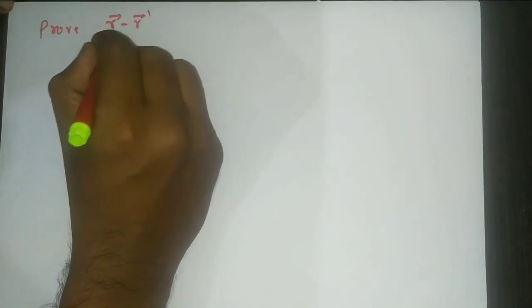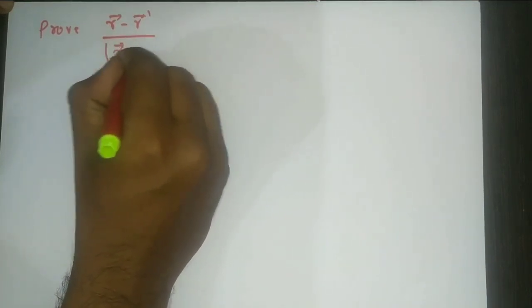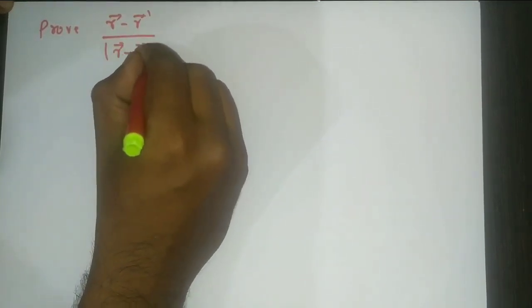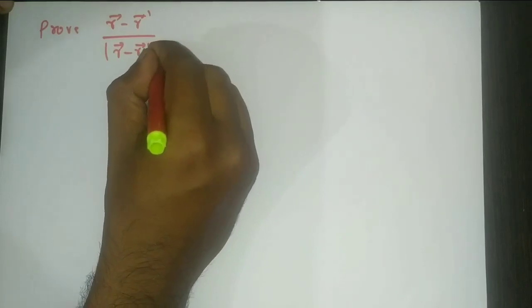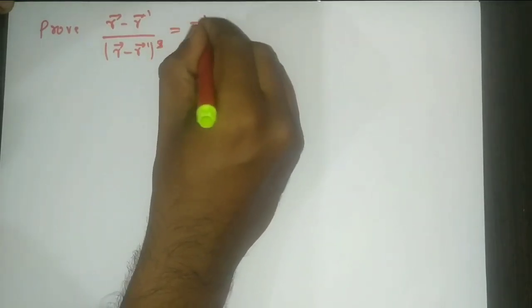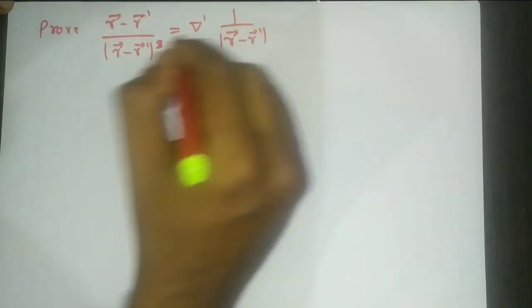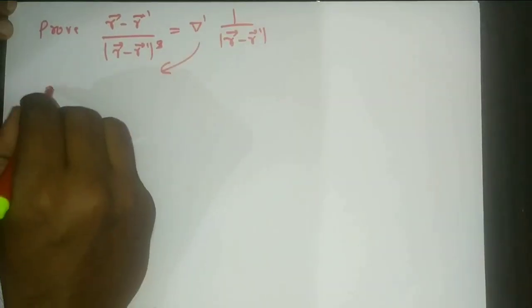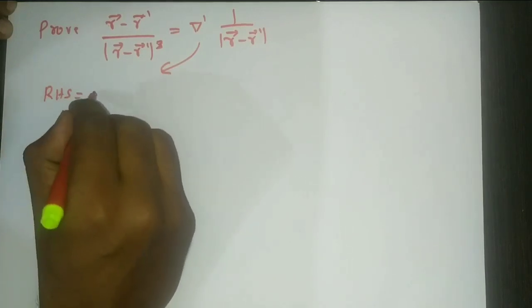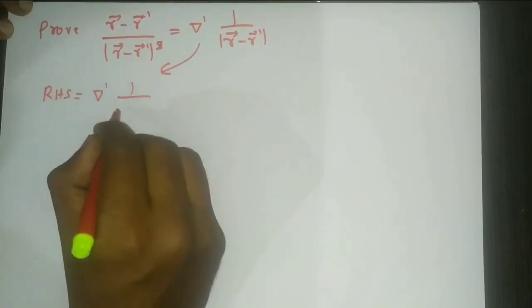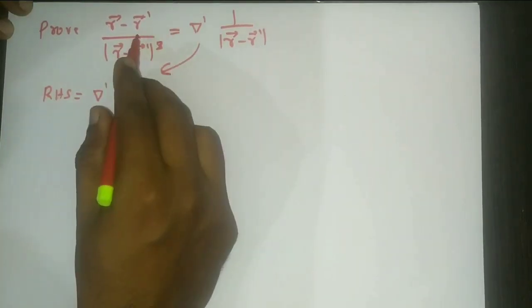So now we have to prove that (r minus r prime) divided by modulus of r minus r prime cube is equal to del prime of 1 by modulus of r minus r prime. This is our RHS. We can start from the RHS, then we can arrive at this result.